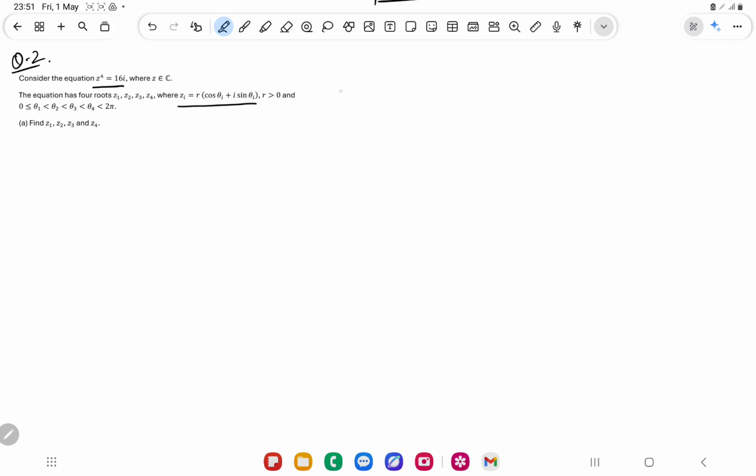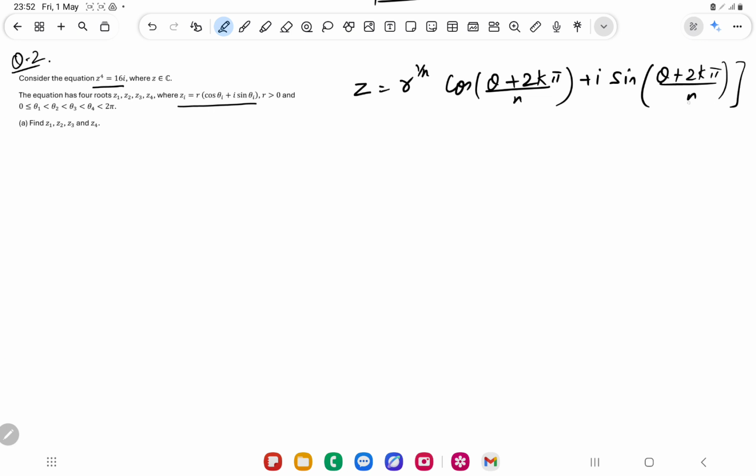We will be using the formula z equals r to the power 1 by n, cos of (theta plus 2k pi) by n plus i sin of (theta plus 2k pi) by n, to calculate all the 4 roots of this equation.